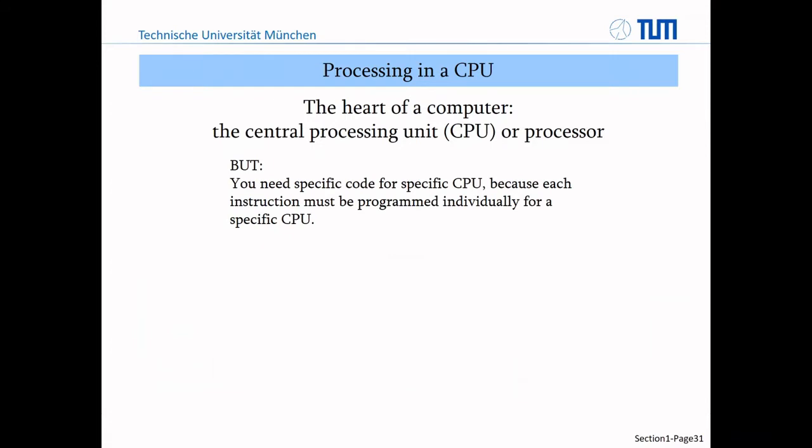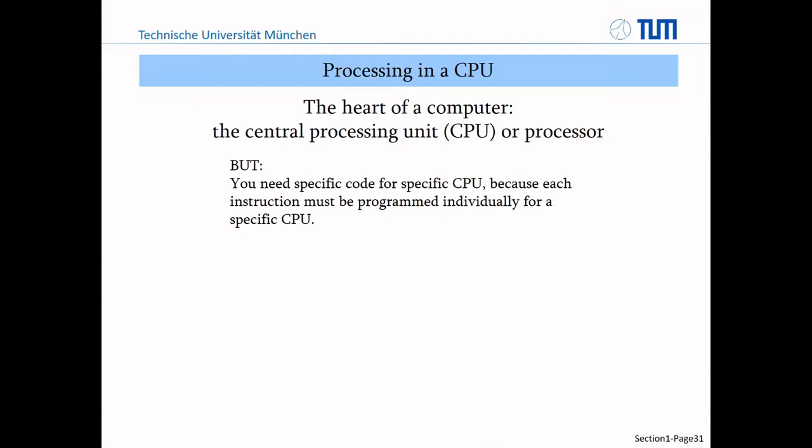But the problem now is that each vendor of a processor can define its own, let's say, commands. And therefore you have individual CPUs and therefore also individual assembly mnemonics or machine code bit streams.